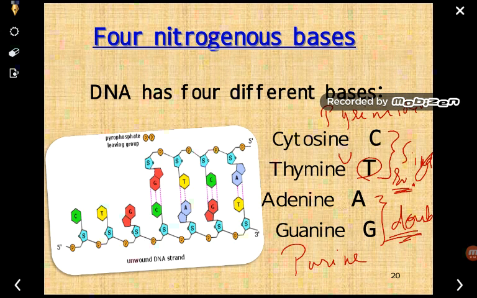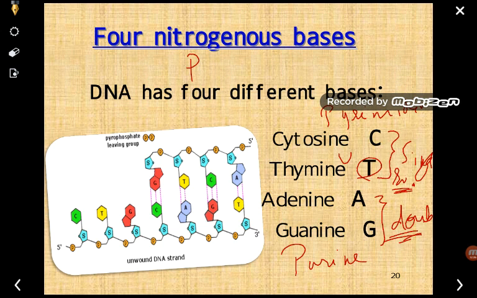Nucleotides are named according to their nitrogen bases. If the nucleotide contains thymine, it is said to be the thymine nucleotide, and so on. If it contains adenine, then adenine nucleotide, thymine nucleotide, cytosine nucleotide, uracil nucleotide. The nucleoside refers to the combination of pentose sugar and a purine or a pyrimidine.